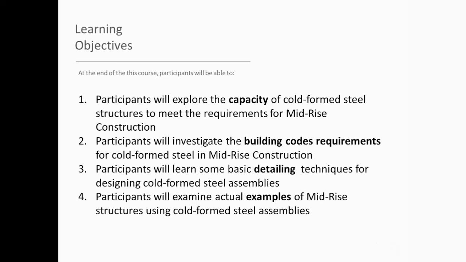We will investigate building codes and standards for cold-formed steel in mid-rise construction. Participants will learn some basic detailing techniques for using cold-formed steel. And finally, we will look at some actual case studies and examples of mid-rise structures using cold-formed steel.